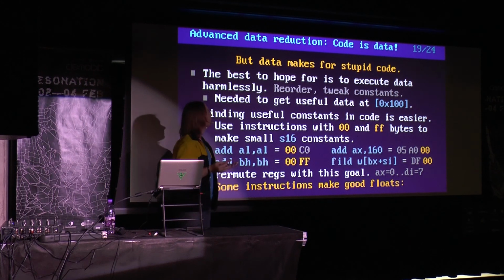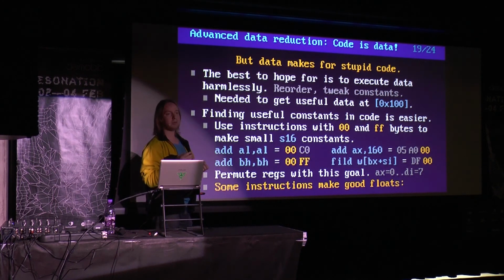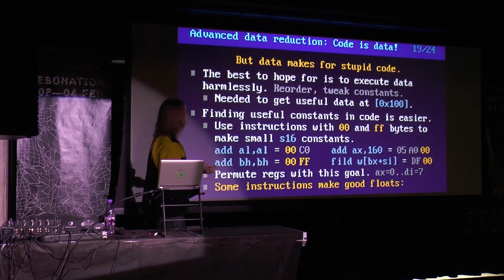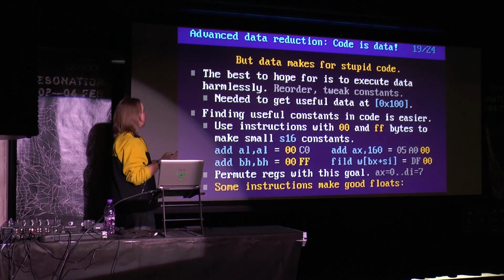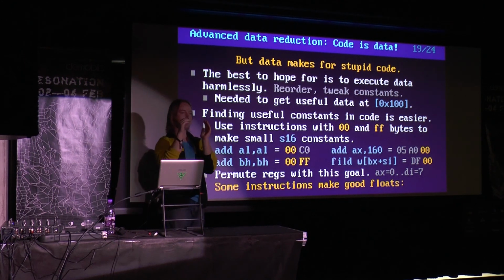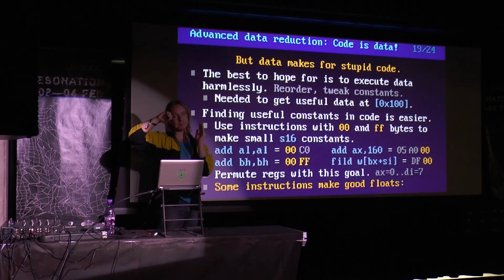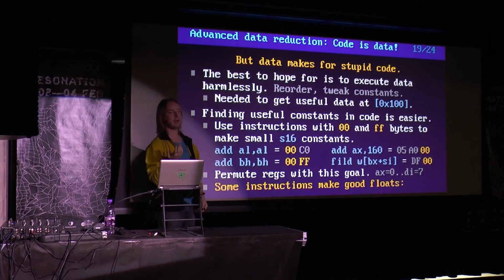Code is just bytes. However, when you interpret data as code, you won't usually like the results. So if you have the data at the start of the program and want to cut away the jump, you have to reorder the data to get something that at least doesn't hurt you.